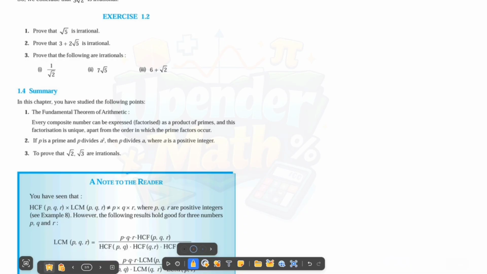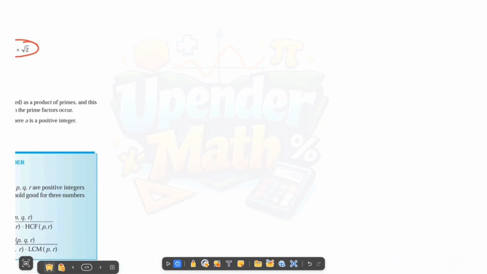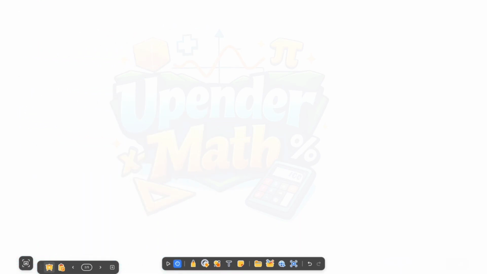Next question is, prove that 6 plus root 2 is an irrational number. Same way of proving.